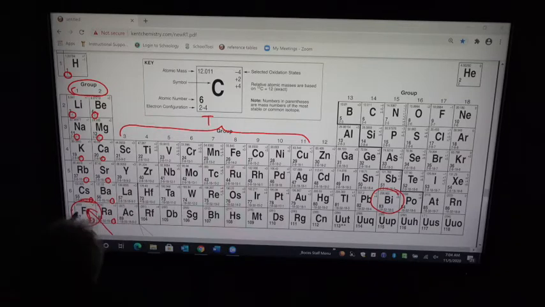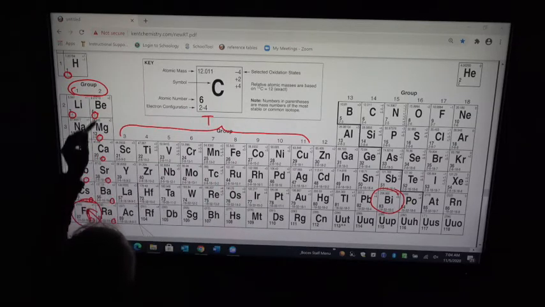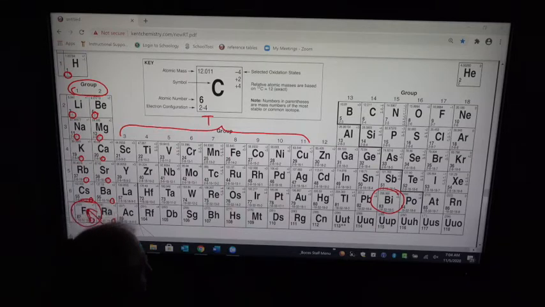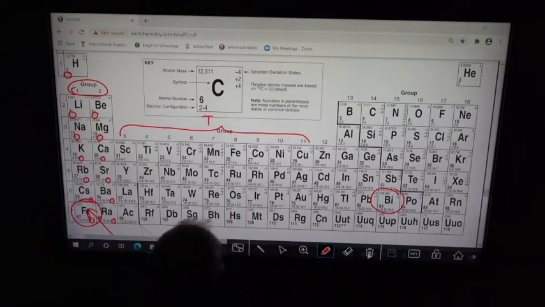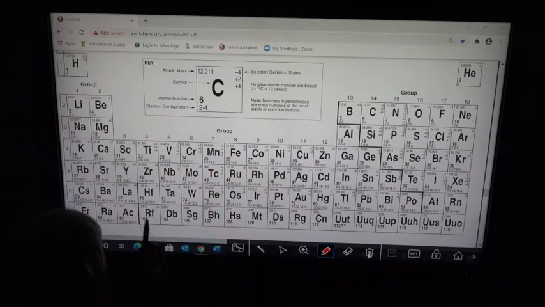So francium is not only the largest metallic element, it's the most reactive metal on the whole periodic table. So, going down any group, you gain an energy level or a shell every time we go down. So what's happening is the size gets bigger.